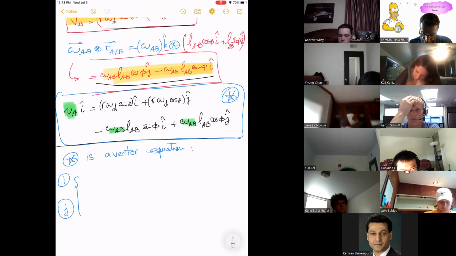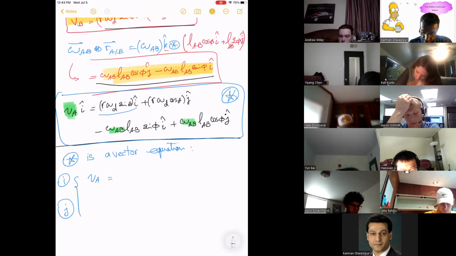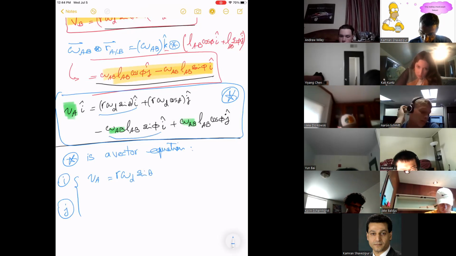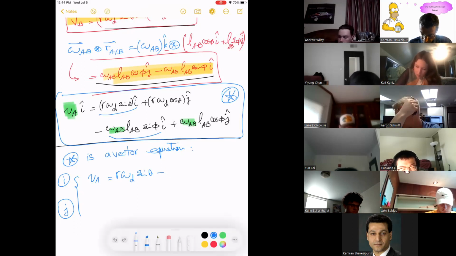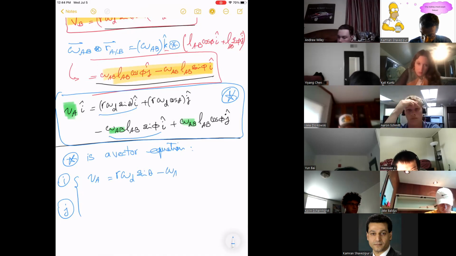On the left-hand side, you have only VA for I. On the right-hand side, this is I, and this is I. For the J side, remember, look at here, left-hand side, I don't have any J component, so it's going to be 0.